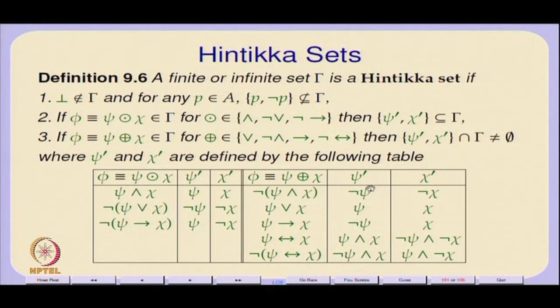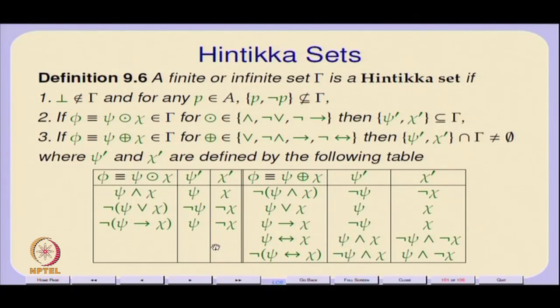The psi prime and chi prime in each case for the multiplicative operators and the additive operators are defined here. If you look at this table, it corresponds exactly to the Tableau rules. The multiplicative operators correspond exactly to the elongation rules and the additive operators correspond exactly to the branching rules, and the two components in the denominator are the psi prime and chi prime.